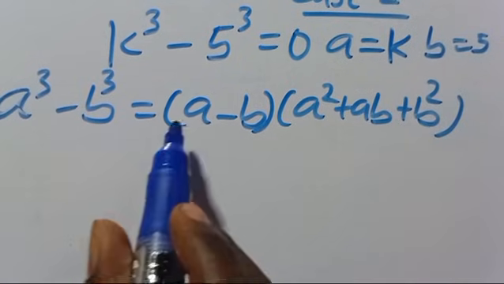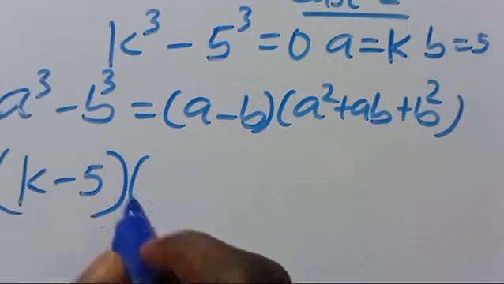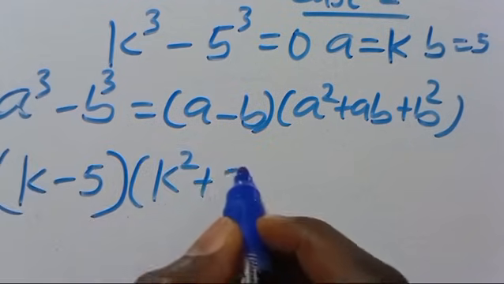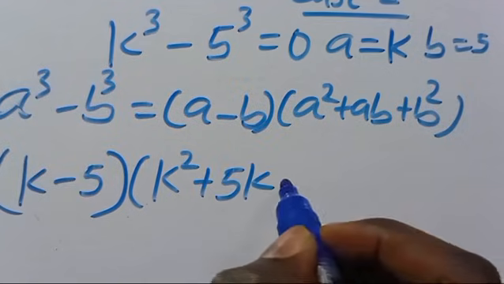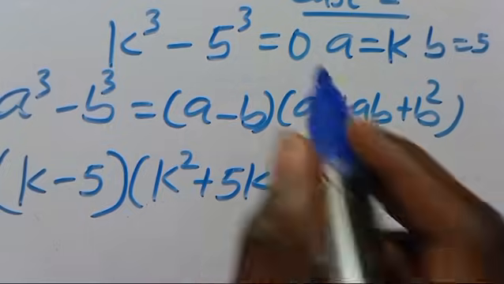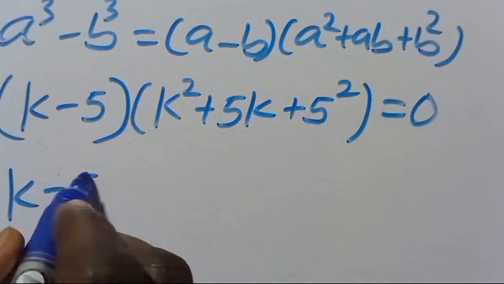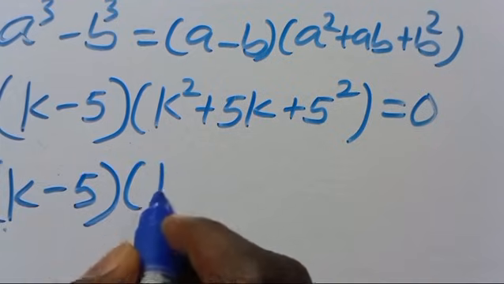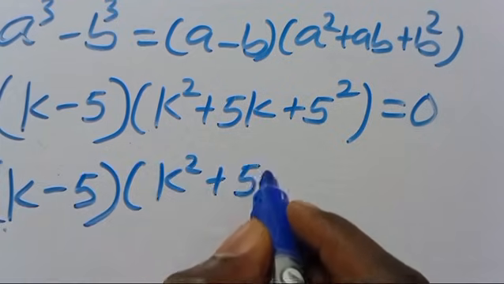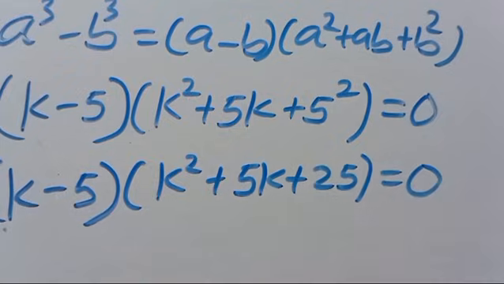So from here, we are going to have it to be k minus 5 in parentheses multiplied by k squared plus 5k, ab will be 5k, plus 5 squared, then equals 0. So now we have k minus 5 multiplied by k squared plus 5k plus 25, then equals 0.